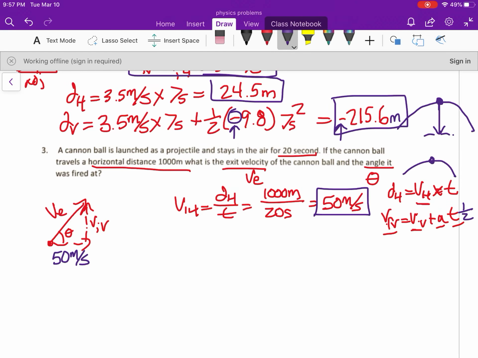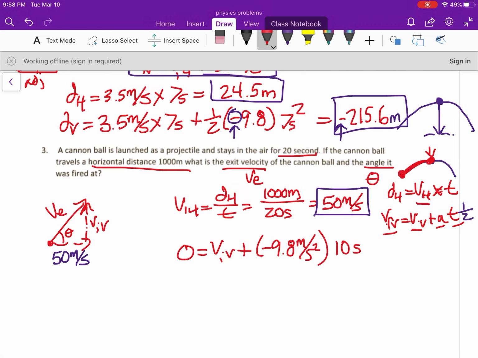Okay, so my final vertical velocity at this point is going to be 0. So 0 equals my initial vertical velocity, which is what we're trying to find, plus my acceleration due to gravity, which is negative 9.8 meters per second squared, times my time that it takes to get from the initial point to the halfway point. So we don't want to use 20 seconds. We want to use half the time.